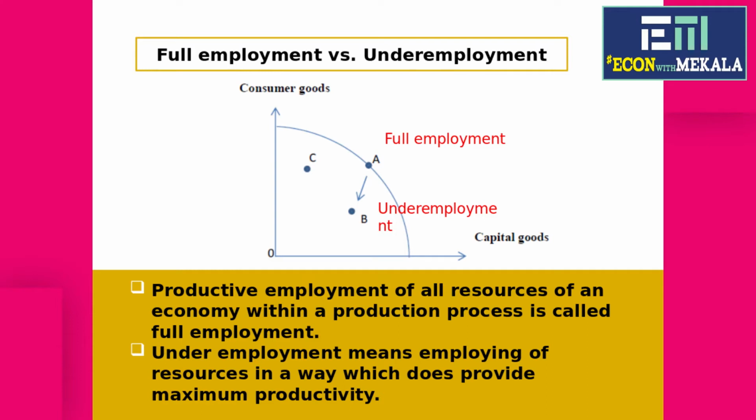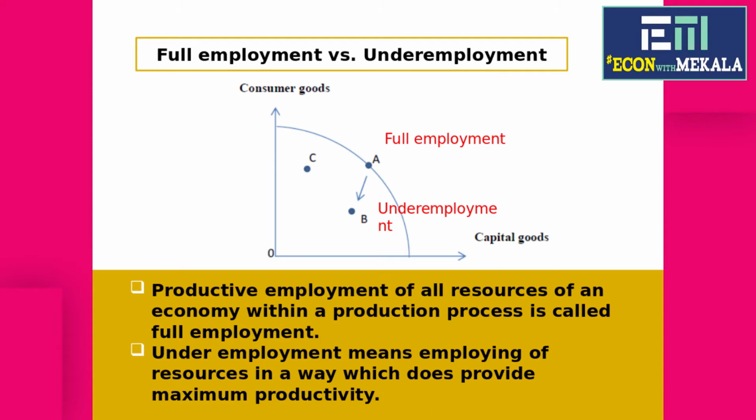If you look at unemployment, that means economic resources are not utilized at their maximum productivity. At that time, if you consider employment, there should be some people out there in the economy without jobs. That is called underemployment.